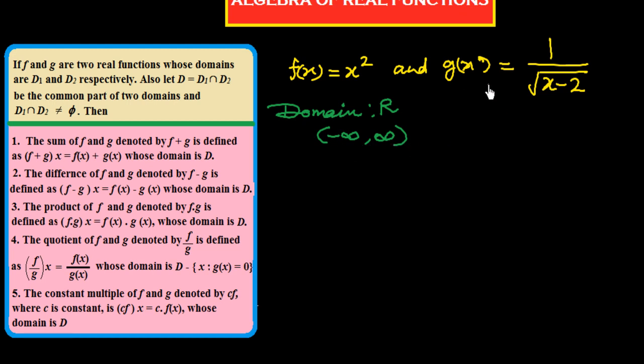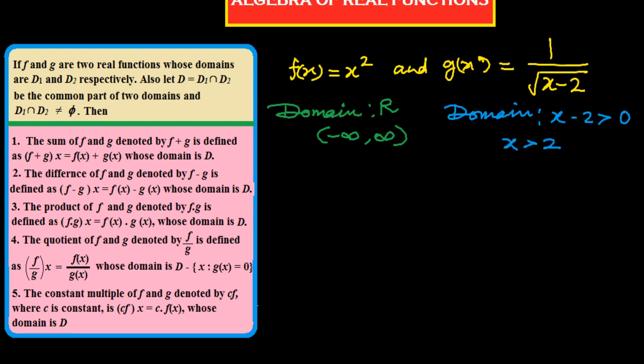Now you see g(x). G(x) is equal to 1 over root of x minus 2. The denominator should not equal 0, but here there is a square root sign, so x minus 2 should be greater than 0. If it is 0, then it would not be defined. So the domain is x minus 2 greater than 0, which means x is greater than 2.